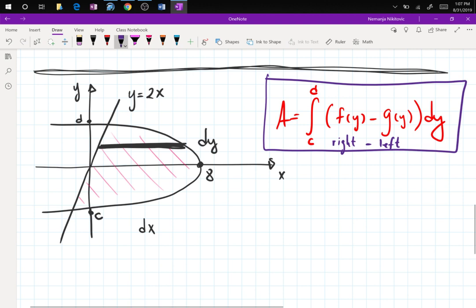So we have right minus left in this case, which, guys, if you were to grab this and just straighten it up, this would be on top, and that would be your f of x minus the bottom line. So if you turn this, that formula becomes the x formula the same way you have it.